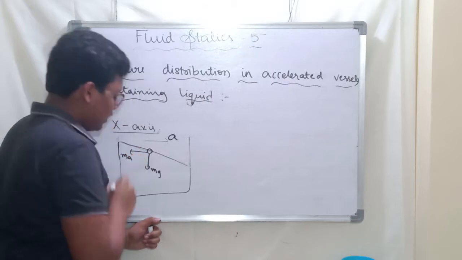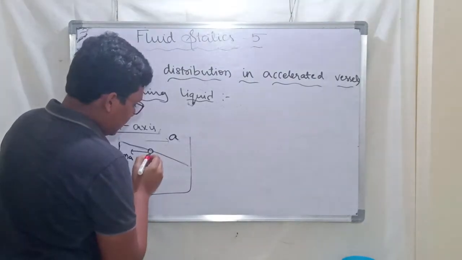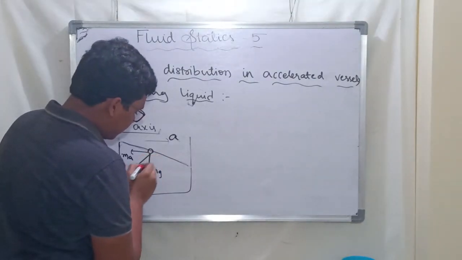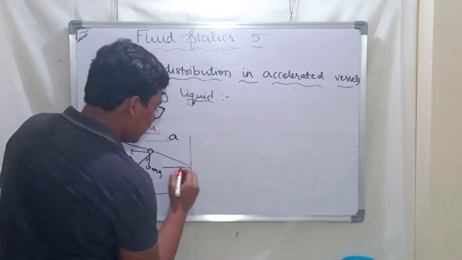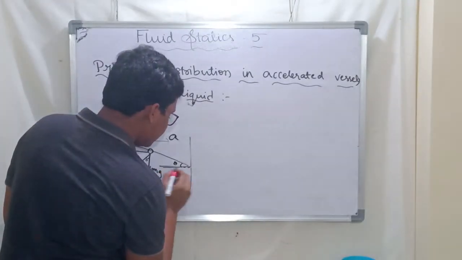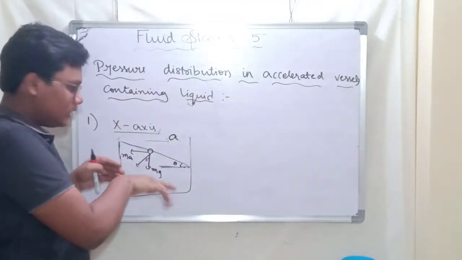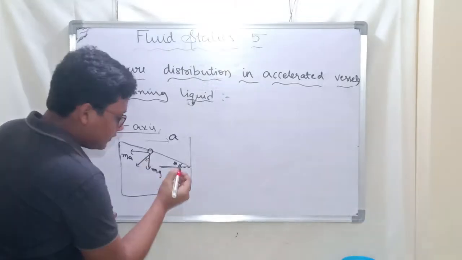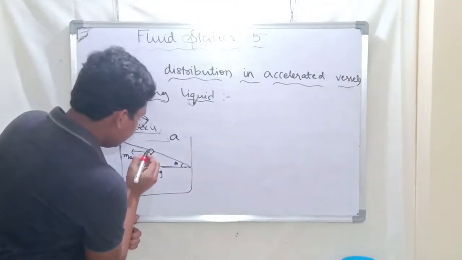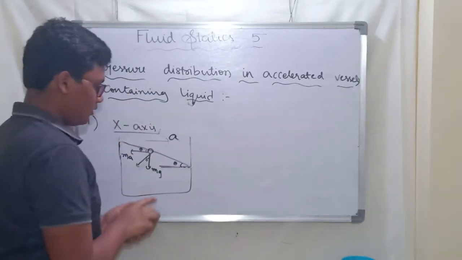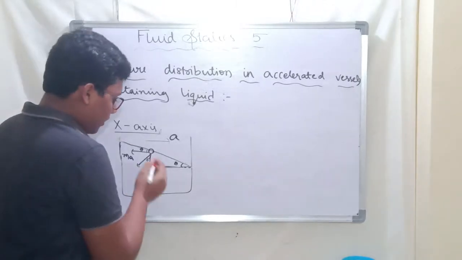Both are acting in this direction, and this is theta, the angle with the horizontal. So if this is theta, here this will also be theta, and this is also theta due to alternate interior angles.